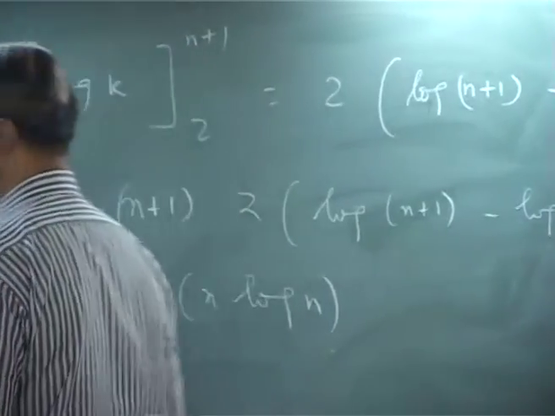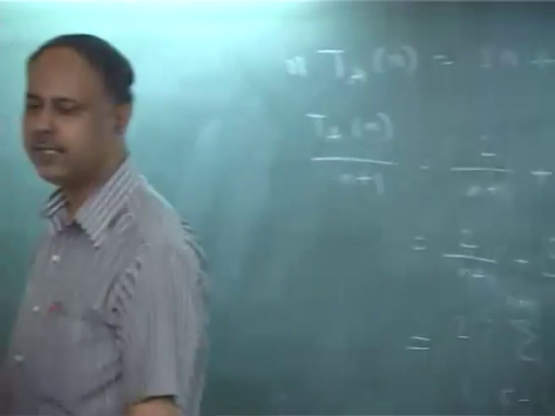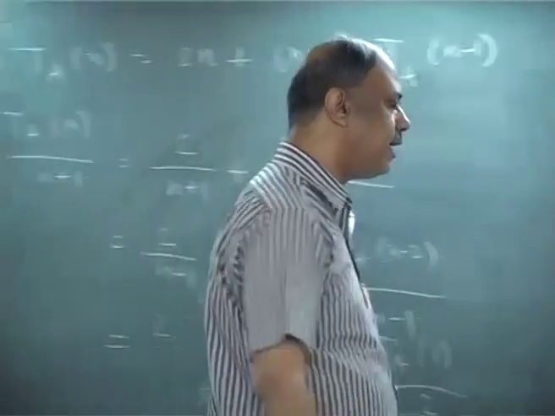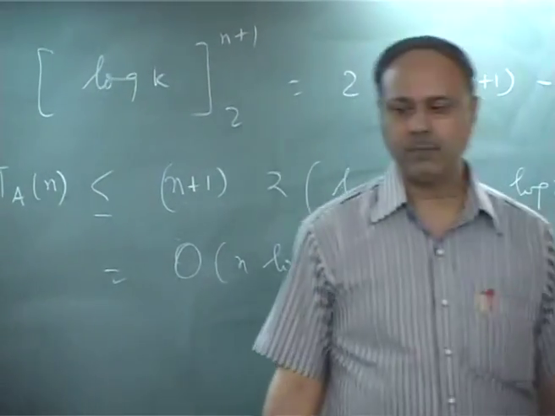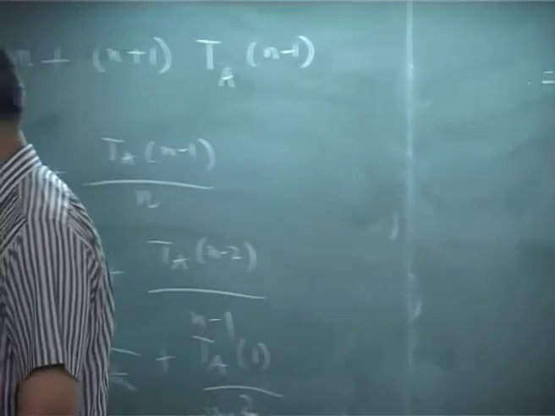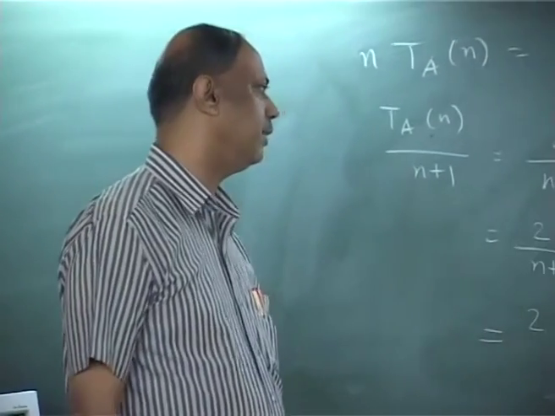So average time complexity to sort n elements using the quicksort technique is order n log n. See, this I could have avoided, but just for the completeness sake, I felt that I should tell you how to compute the average time complexity of an algorithm.